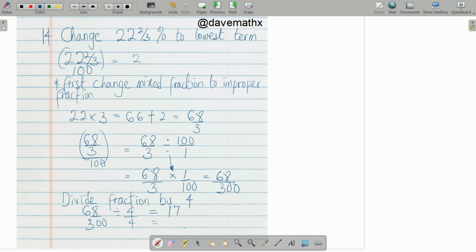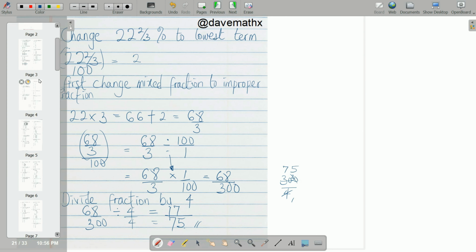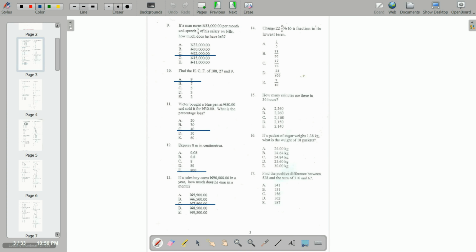And 17 over 75 becomes the final answer. That's a fast way to divide 300 by 4. 4 in 30 is 7, with a remainder of 2, and when we add the 2 to the 0, we get 20. Consequently, 4 in 20 is 5, bringing the total to 75.